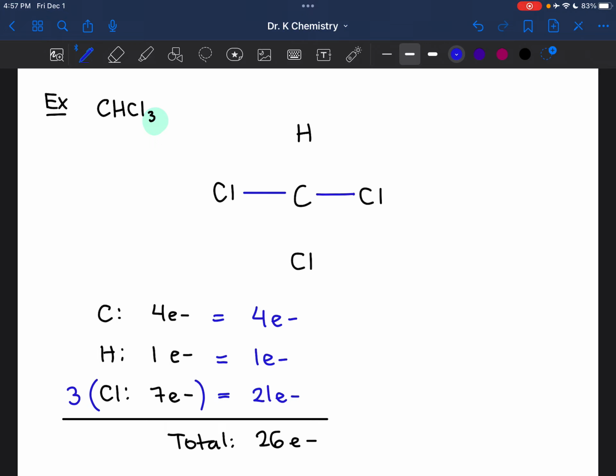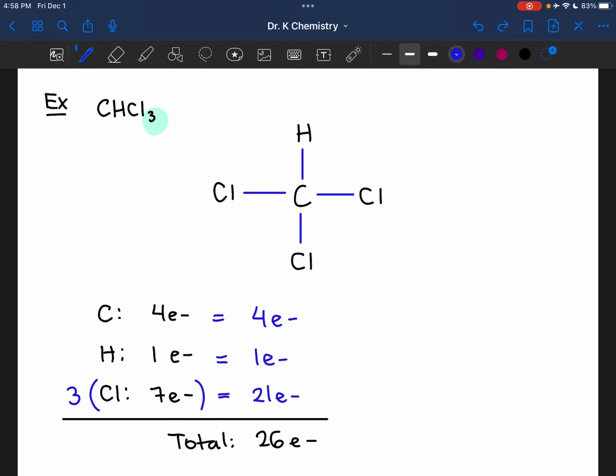So I'm going to start by making a single bond to each atom. That used up 8 valence electrons so far. Hydrogen is happy with the access to 2 valence electrons that it has. Carbon has 2, 4, 6, 8 electrons around it, and it is definitely happy with that situation. But the chlorines right now, not so much. They only have 2 valence electrons each, and they need 6 more.